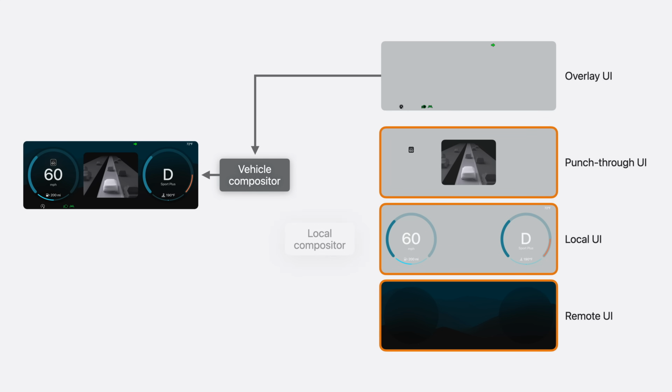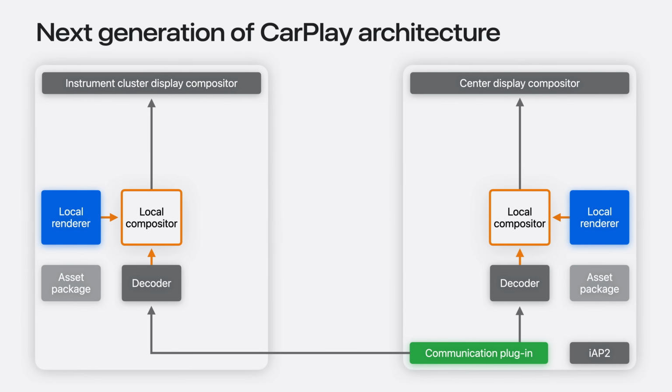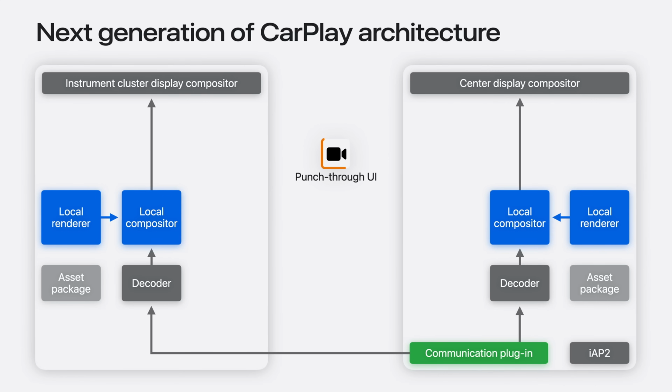These three layers are processed by a dedicated compositor, which uses OpenGL to provide a single unified output frame to the system's compositor for display on each screen. So back to our architecture, let's add that compositor. The compositor receives the video stream from iPhone, as well as the locally rendered UI. And now it directly receives punch-through UI as well.